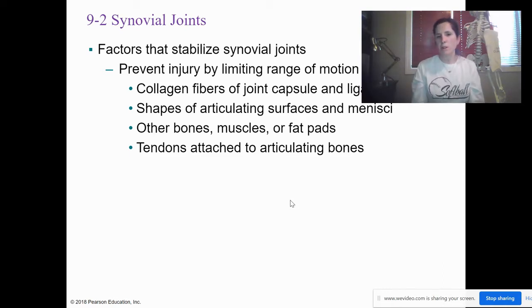So there's structures that the human body has for protection. Basically, our joints prevent injury by limiting range of motion. So there's collagen at the joint capsule, there's ligaments. How the shape of all the surfaces are and the meniscus and other bones surrounding help with this.